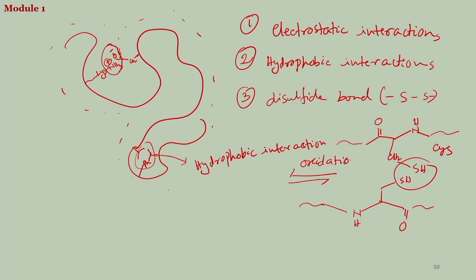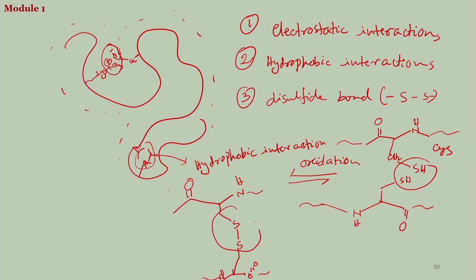So, a redox reaction basically, that will form CH2S, CH2, and here is this CH2, and here is the rest of it, CO and the NH and the rest of it.